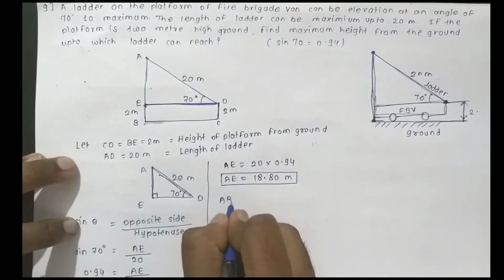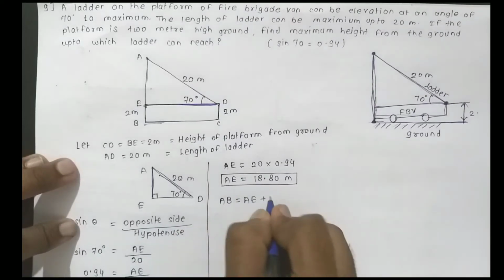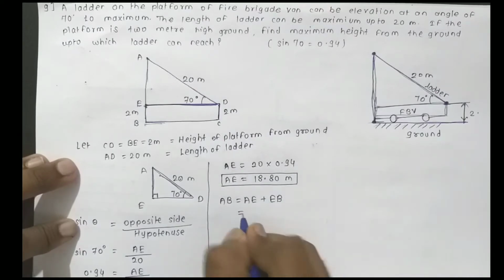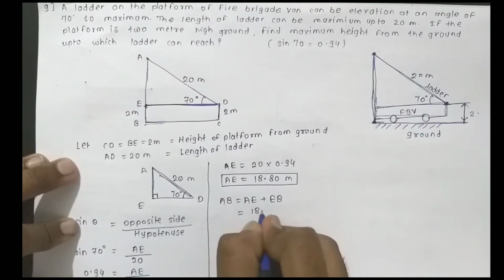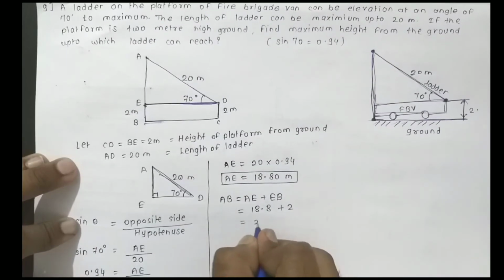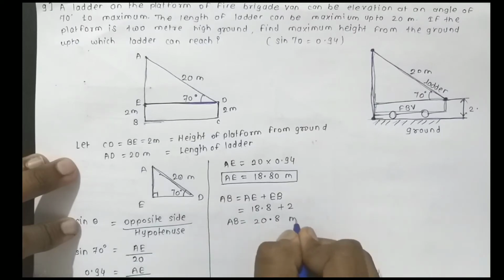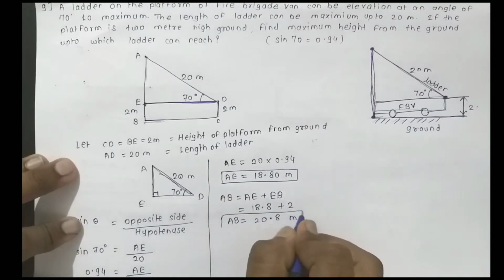So AB is equal to AE plus EB, is equal to 18.8 plus 2, that is 20.8. Here is our final answer.